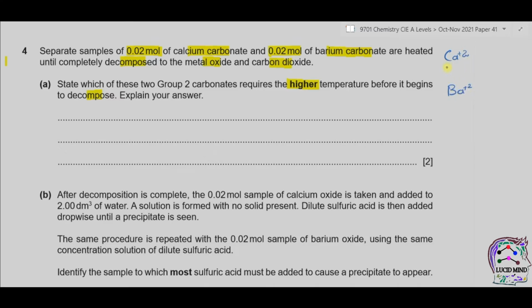Now as we move down, size increases, so therefore charge density will decrease, because charge density is inversely proportional to the size of ion. On the other side we have carbonate ion, which is similar in size as both have carbonates.